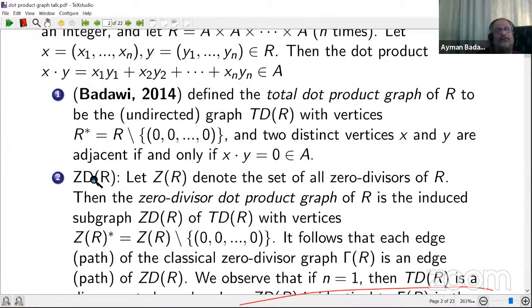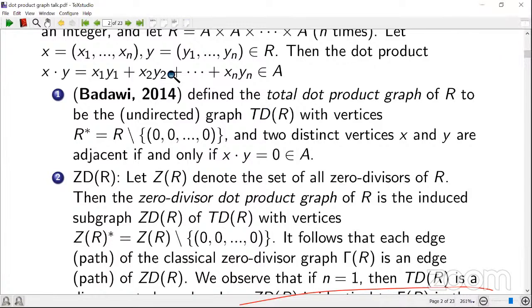All right, then what is the zero divisor of R? Denote the zero divisor graph of R, or the zero dot product. If we take Z(R) to be the set of all zero divisors of the ring R, okay?